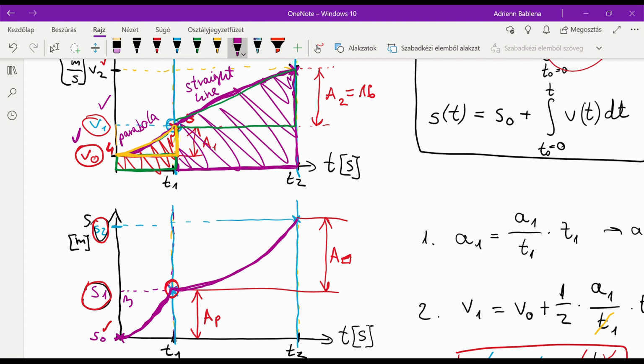It's a third degree parabola, and this is a second degree parabola. And that's all.